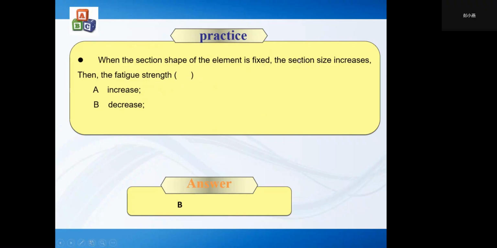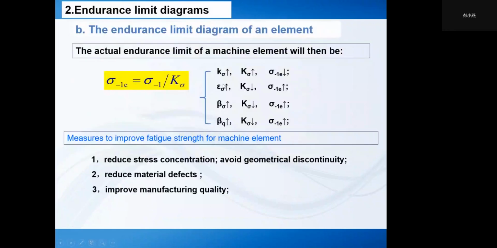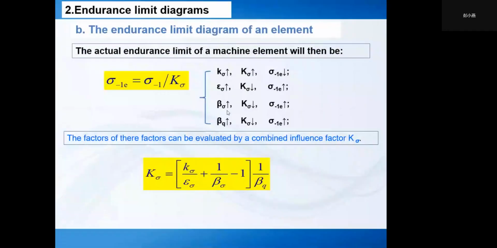The section size increase means the size factor epsilon sigma will decrease. If this factor decreases, the combined influence factor K sigma will increase.